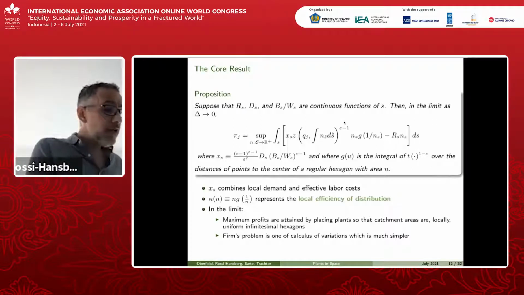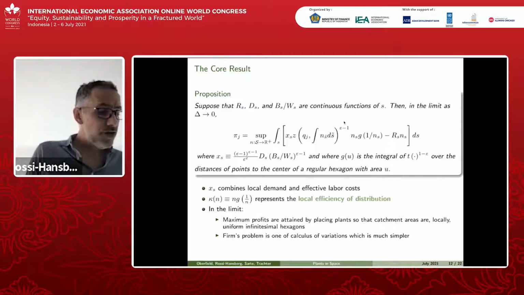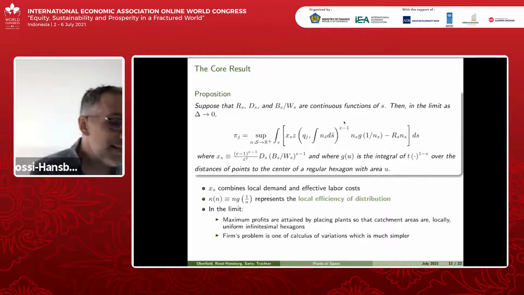And that's the core result in the paper. This is our core proposition: that problem that I showed you before, in this limit when delta goes to 0, the profits that you get from solving that problem converge to the profits that you get from this problem here. And what is this problem? It's a much simpler problem.